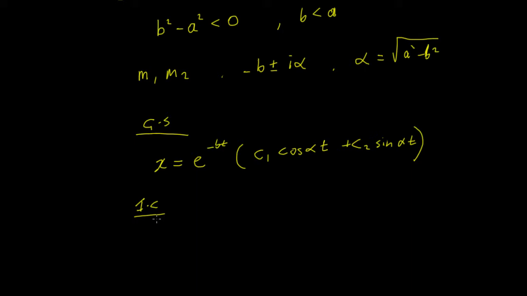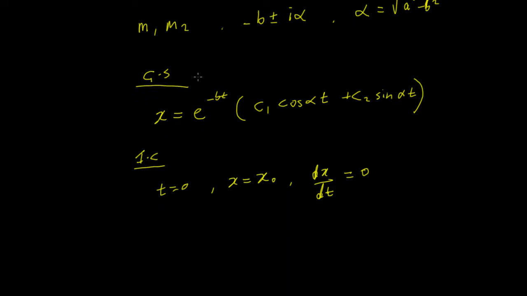Okay, so the initial conditions again. At t equals 0, we have an equilibrium point at x0, and at equilibrium there's no movement in the system, so the rate of change of the position with respect to time is going to equal 0. We're looking for the values of c1 and c2.